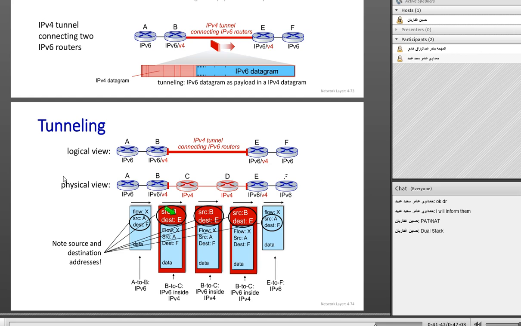So we lose it. We lose the flow label of IP version 6 if we use the dual stack strategy. But it's another strategy without any other overheads. The tunneling, as you can see here, has its overhead.